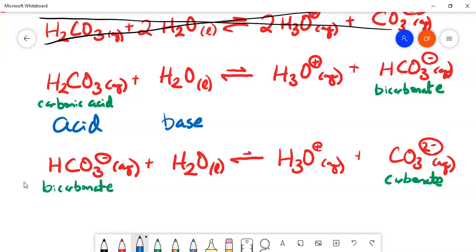Well, I can go down to the second reaction and tell the same story then, can't I? Because the bicarbonate ion is giving up a hydrogen ion and leaving carbonate behind. And water, once again, is taking on that hydrogen ion. Water, in both cases, is taking on that hydrogen ion. And H3O plus is what's left over.